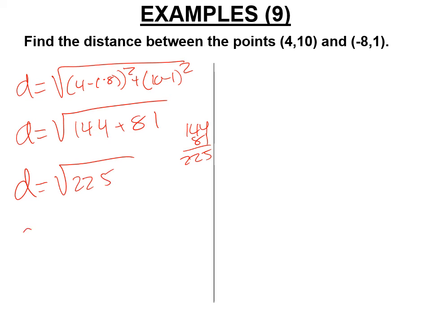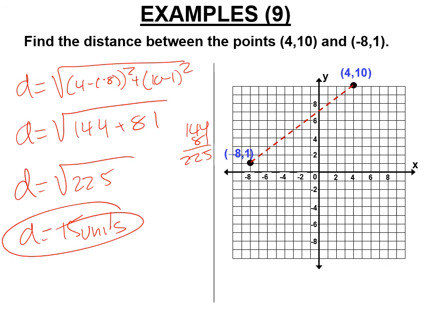Square root of 225, 15. And there it is, right? If you have a picture, you get to do all that. Right? We had a side of 10 minus 1, 9. We had a side of 4 minus negative 8, 12. And we had a hypotenuse of 15.